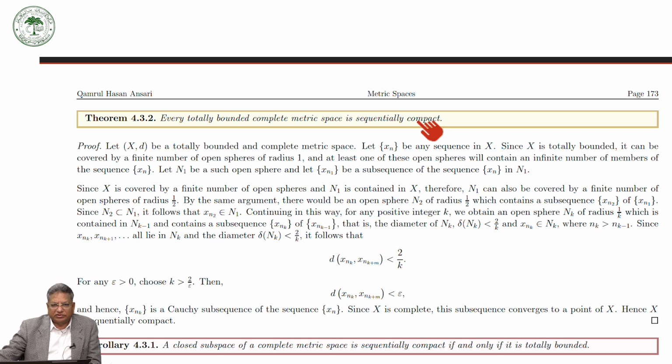And we know that a sequentially compact metric space is compact. So every totally bounded complete metric space is compact. Not every bounded metric space is compact, and also not only a complete metric space is compact. You have to add the condition totally bounded plus completeness.